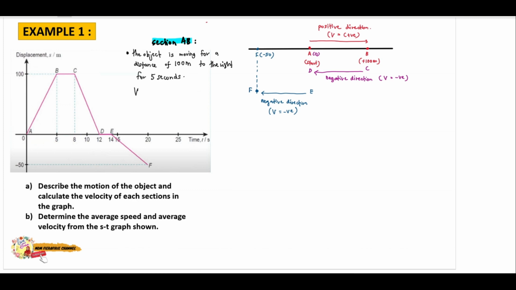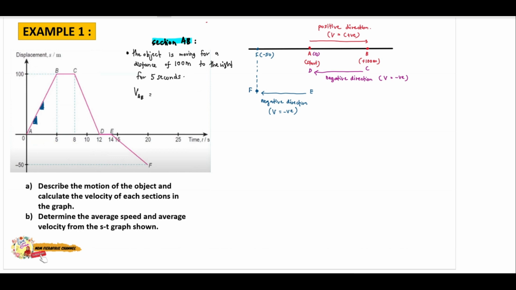Okay, VAB. Remember, the velocity of the object means that you need to calculate the gradient of the graph. Since this is ST graph, so kita kena kira gradient of the graph. Ingat ya, dalam video sebelum ni saya ada mention, ni saya lukis triangle sebab nak menunjukkan kecuraman dia adalah sama, straight line graph.